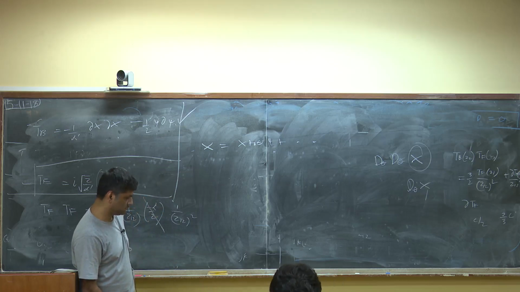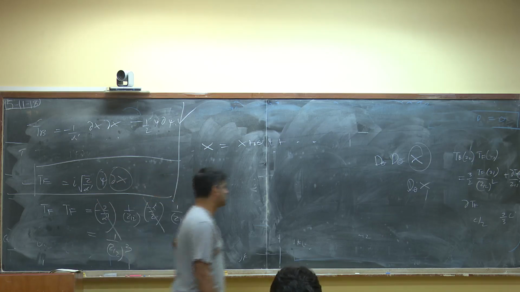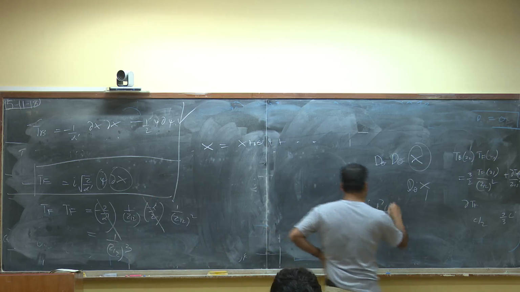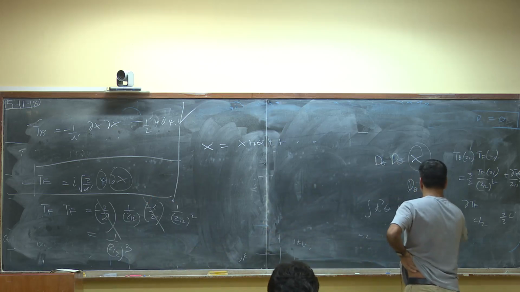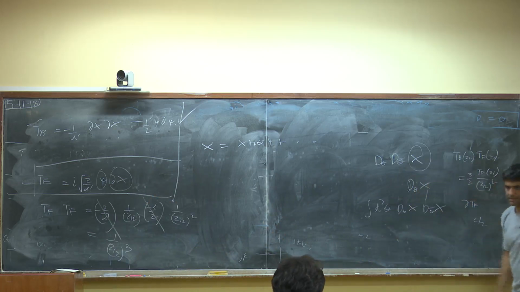At least I know this is a way of going about it. If you have a field which satisfies D theta of the field is 0. This is a kinetic term. Yes, this gives you the right kinetic term. Another way I am asking, is there another way of getting the same kinetic term?